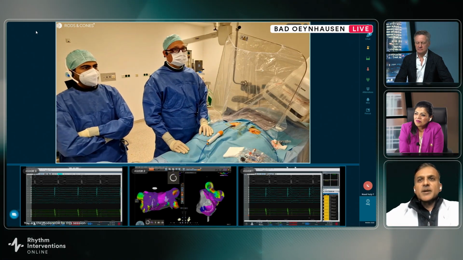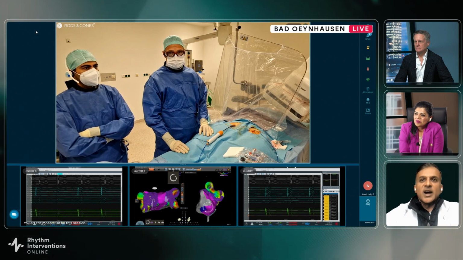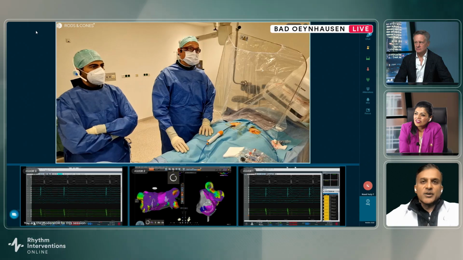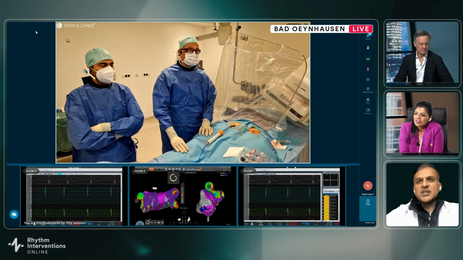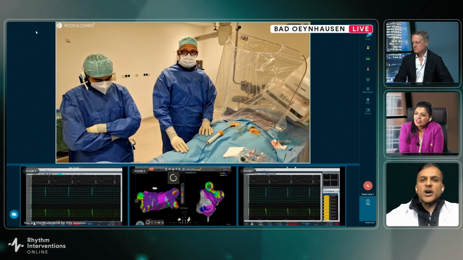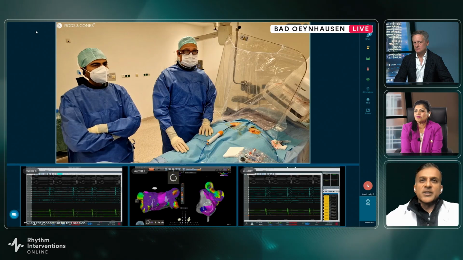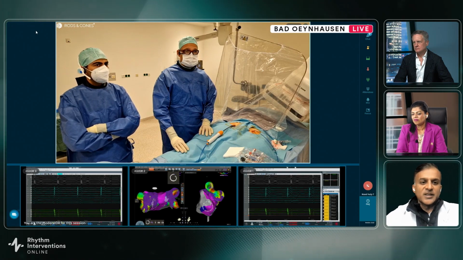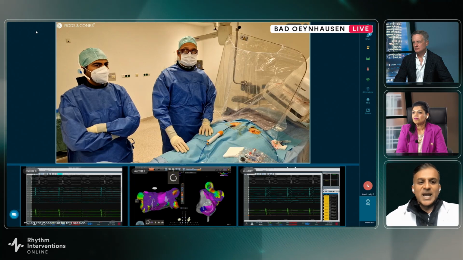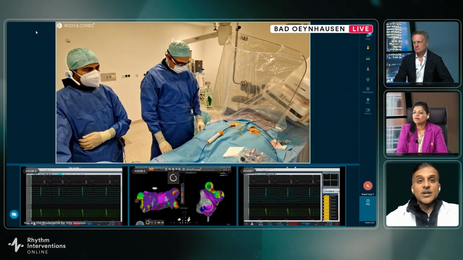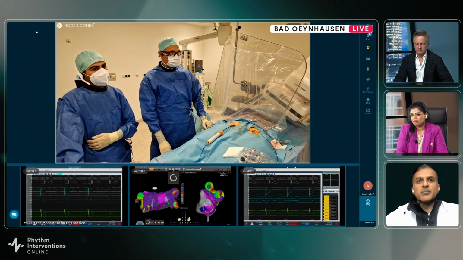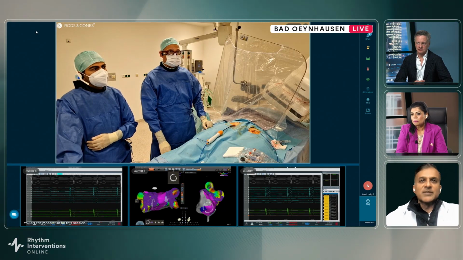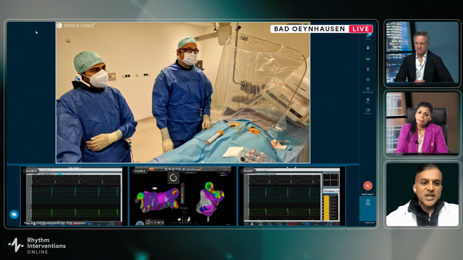Some of the experience that we had early on, what I would say is we will sometimes use the catheter in a technique where some of the electrodes are not making full contact, but you're favoring a particular location of the atrium that you need good contact on, and you're making sure you have contact in that area, and you still ablate even if it's not circumferentially all 10 electrodes.